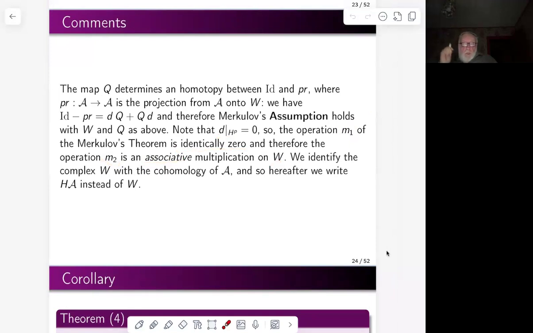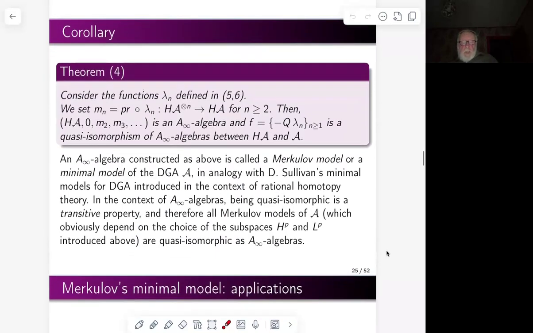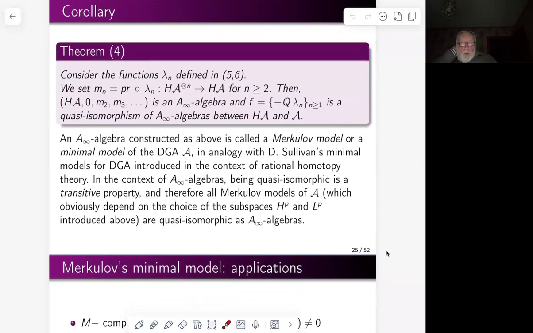We can always identify the subcomplex W in Merkulov's assumption with cohomology, and so instead of W we can write the cohomology of A. The consequence is the following Merkulov theorem: if we have this function lambda sub n defined in the assumption, then the composition of m_n, projection and lambda on the level of this cohomology algebra gives an A infinity algebra structure on cohomologies with zero first operation m1, and m2, m3 defined by this composition.